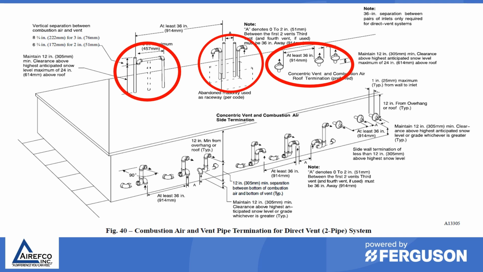These two types of terminations are the most common that are being used for 90% furnaces. There are other types of terminations out there that are being sold by parts departments, but you need to be careful in using those, as most of them are not certified by the manufacturer to be used on their product, and could be a problem if there are any issues down the road with the installation.